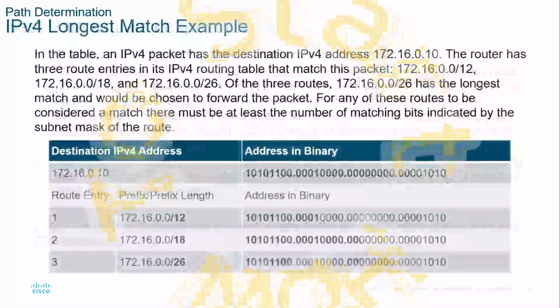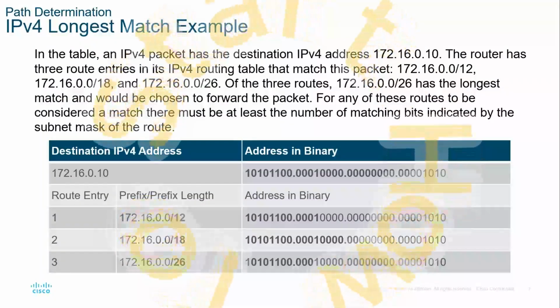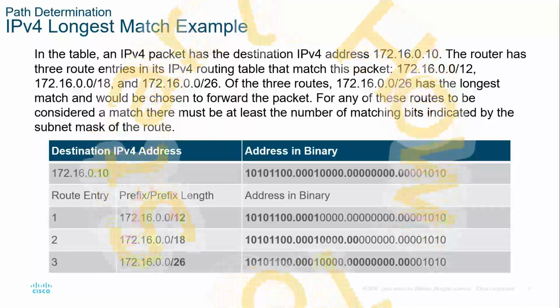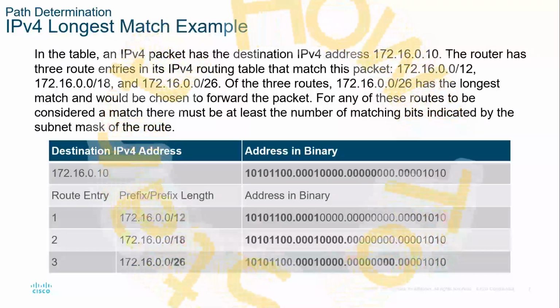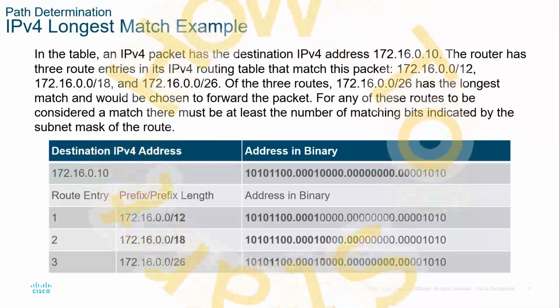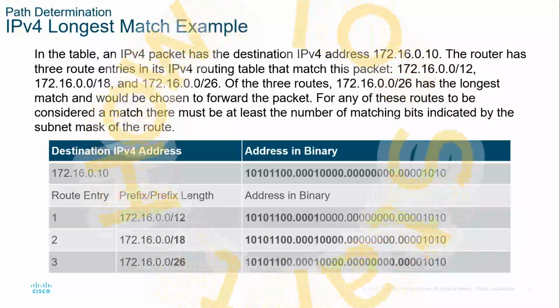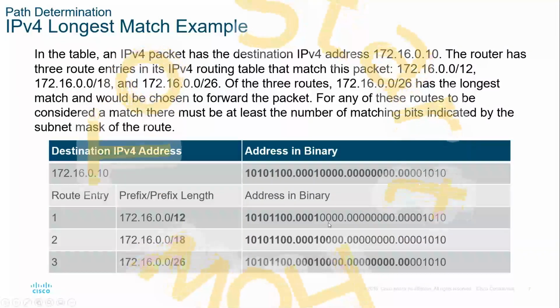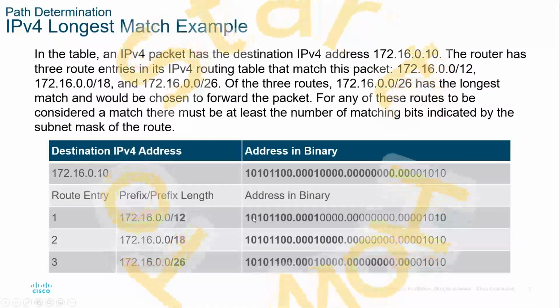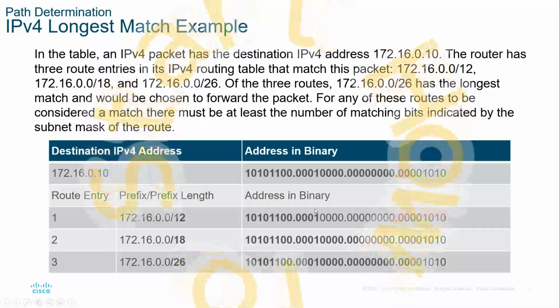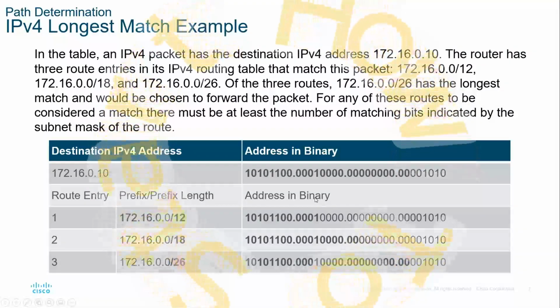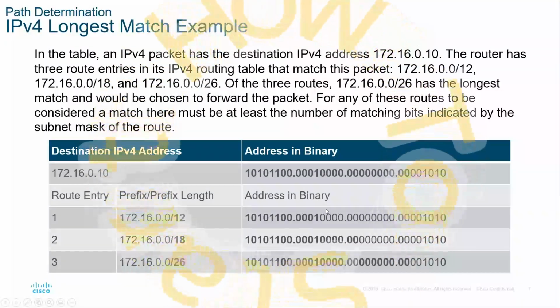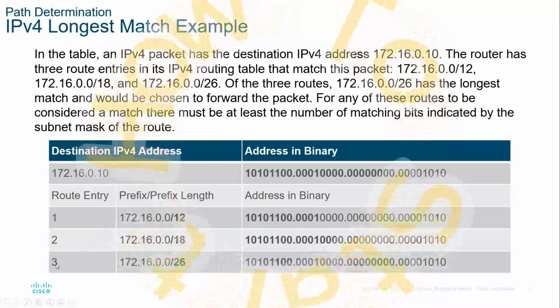So let's look at an example. Here we have the destination IP, and we have 3 route entries. So we're going to be looking to see which route entry has the most matching bits. You'll notice route 1 has 12, where route 2 has 18 matching bits.